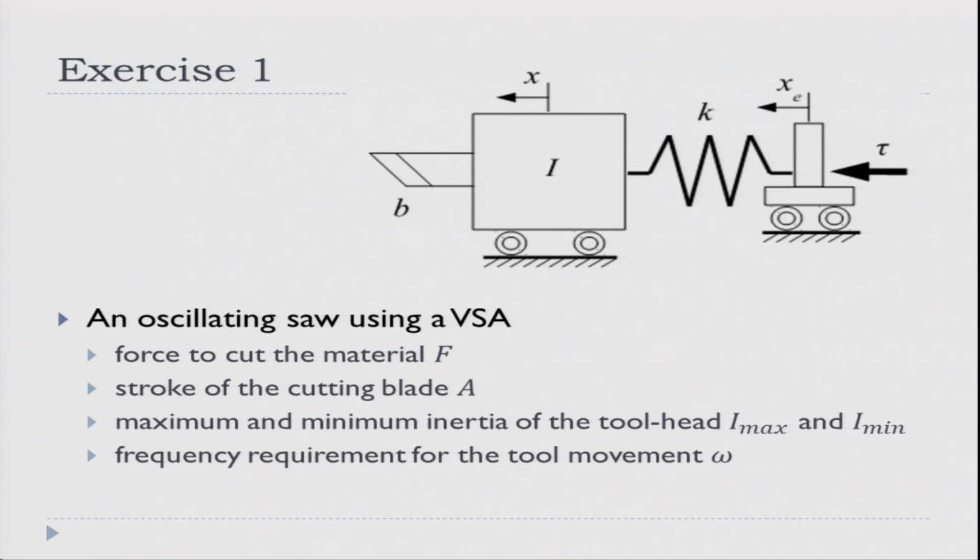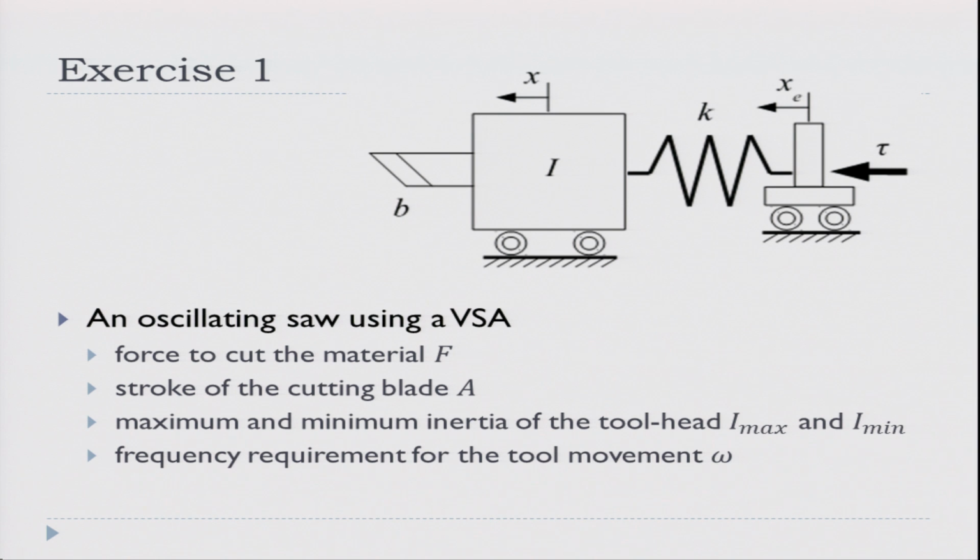This system essentially has to cut some material by punching it with this blade several times, and we have that the stroke of the cutting blade, so that the amount of penetration of the blade is A. We have that the average force to cut the material is F, and we have that the inertia of the tool head, depending on the application you want to do, oscillates between I max and I min.